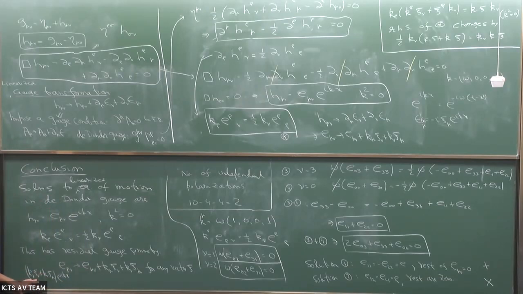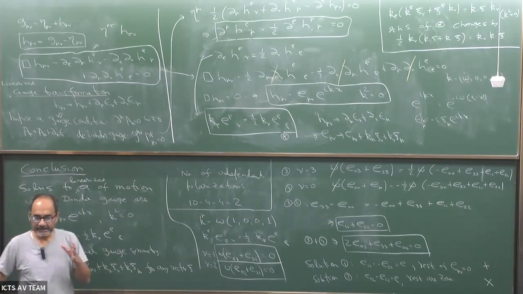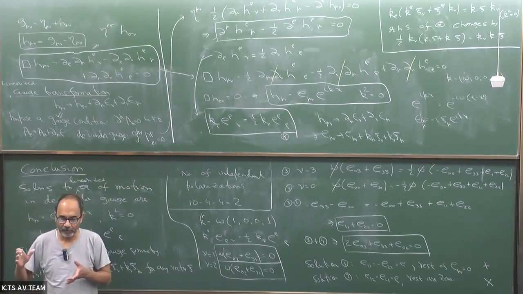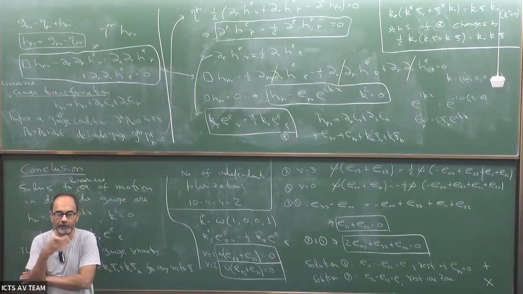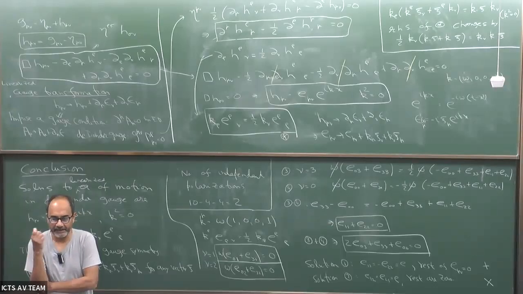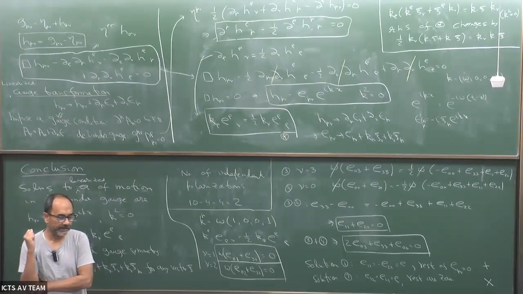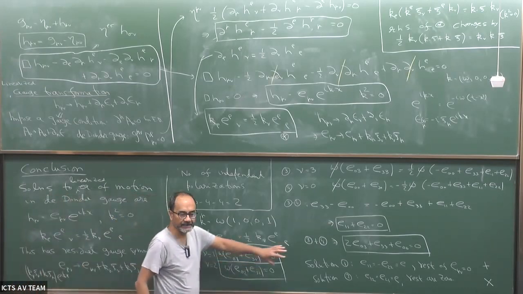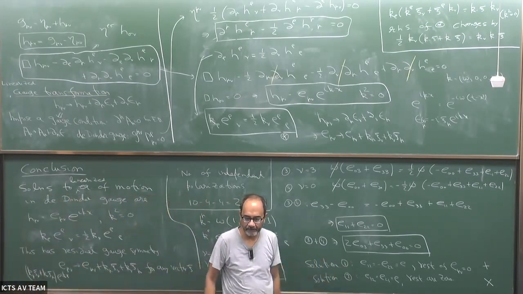So η_{μν} plus this is equivalent to η_{μν}, but written in a different coordinate system. So these waves are just a reflection of the fact that you have chosen a coordinate system which is oscillating, not that there is an actual physical oscillation going on in space, where these are genuine stretching and contraction in space time.